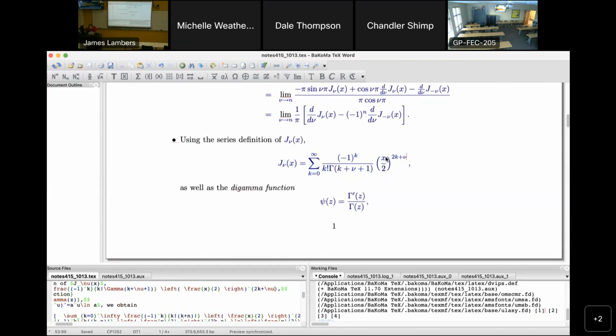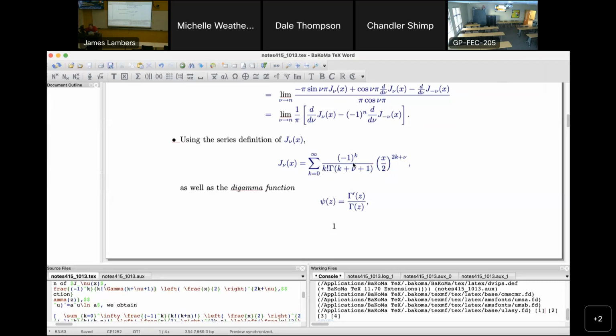So this is getting smaller and smaller as k increases. Not only that, we have k factorial, which grows extremely rapidly, and the gamma function evaluation is also growing very rapidly.